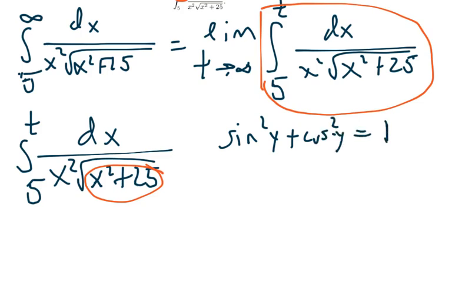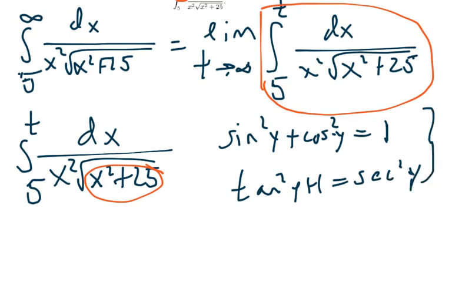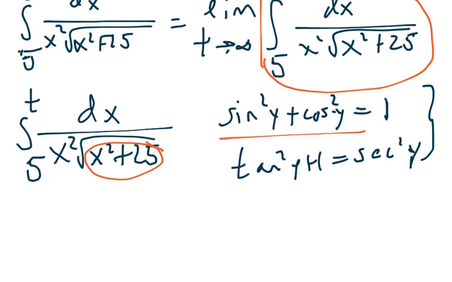No matter what y is, that's the case, right? And then if we divide everything by cosine squared, we get tangent squared y plus 1 is equal to secant squared y. So these two are really all you need, and really all you need is the first one, because we get to the second one just by dividing by cosine squared.